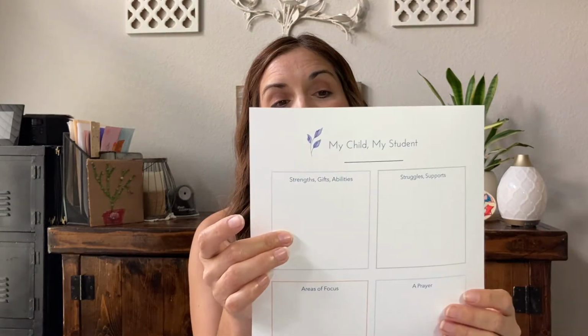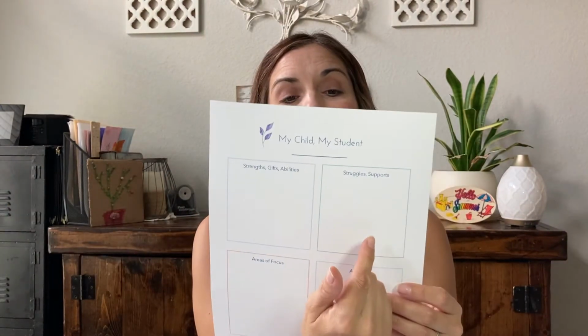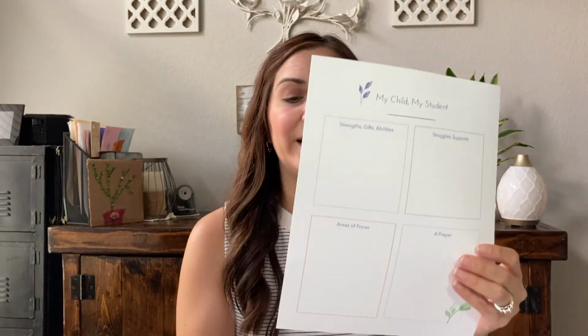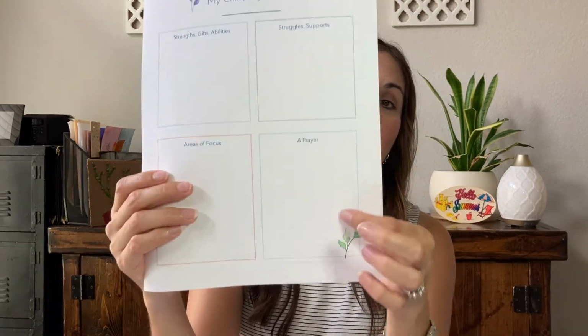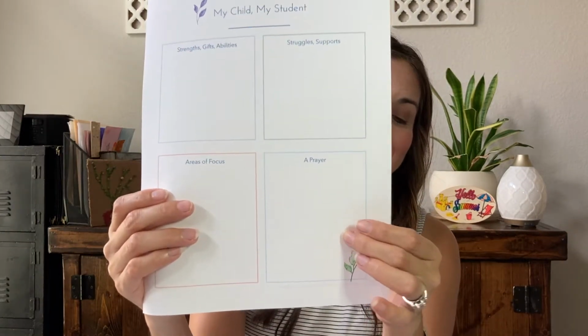So starting with our child's strengths and abilities, identifying their struggles and supports, things that are their areas of weakness that you'll want to target, areas of focus for this year. So this could be based on those struggles, and it can also be based on their strengths. What are some areas that you really want to target in this homeschool year? And then a place here for a prayer for your child.